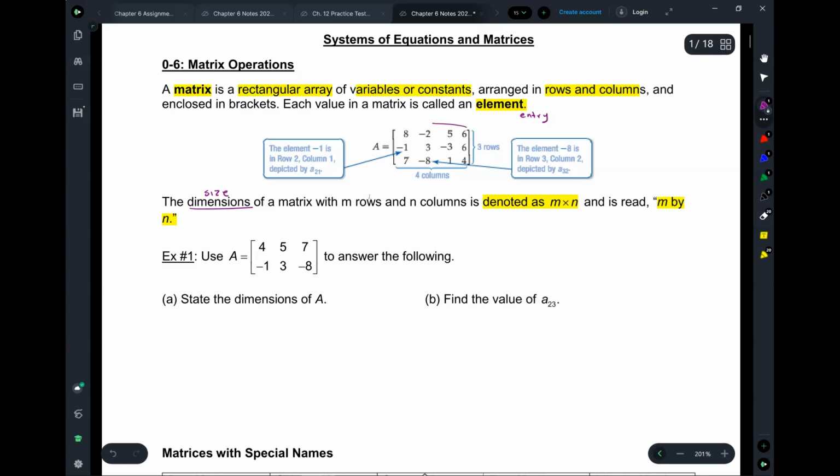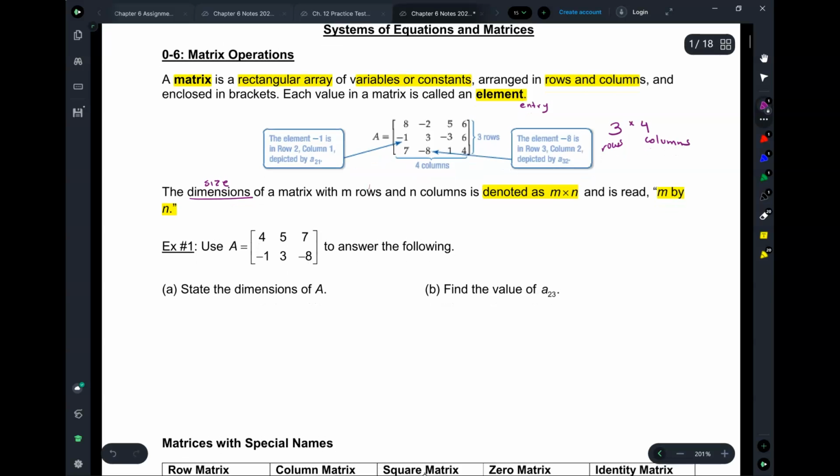Each one of these is a row, and you can see this has 3 rows, and each one of these is a column, so it's got 4 columns. So we say 3 by 4. It's very, very important that rows go first, then columns, right? Otherwise, if you say 4 by 3, it's a completely different sized matrix, right? So rows, then columns, 3 by 4.